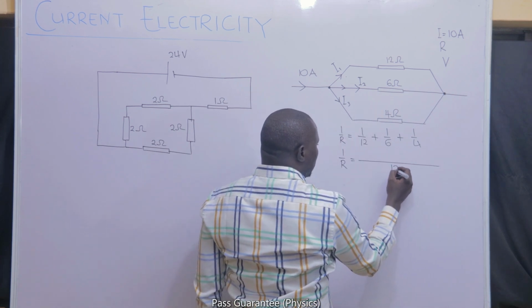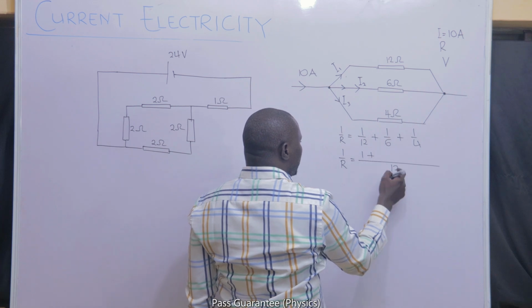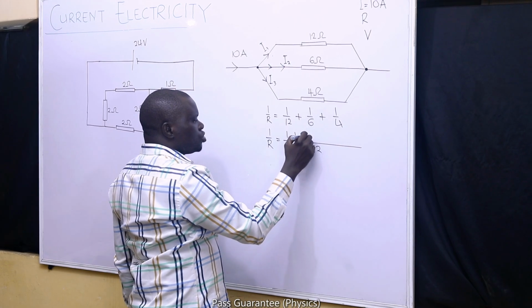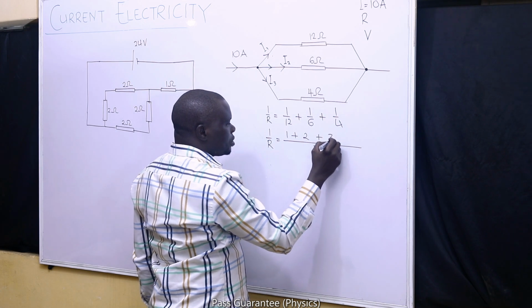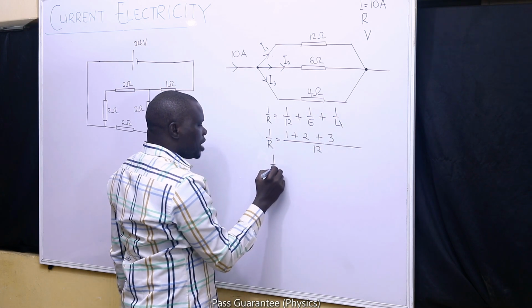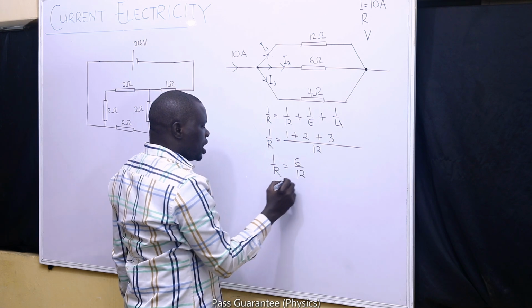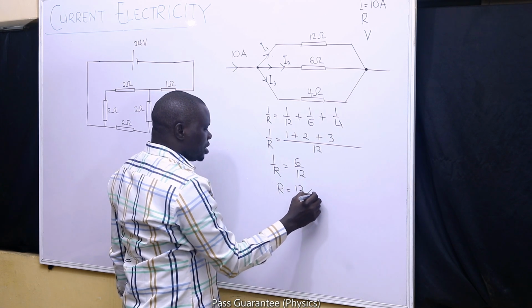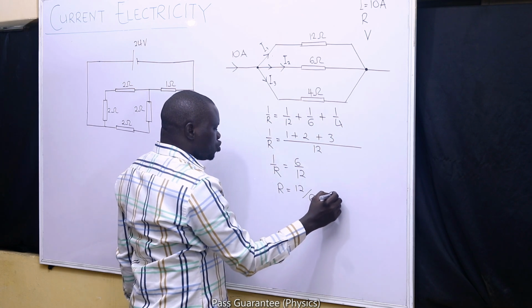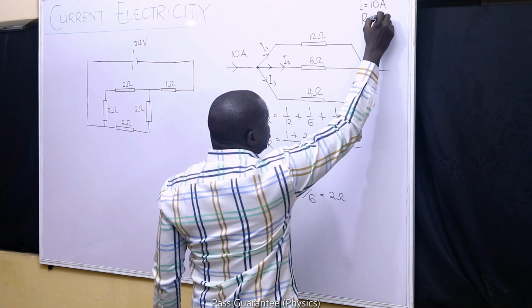That is 12. 12 divided by 12 is 1 times 1 is 1. 12 divided by 6 times 1 is 2. 12 divided by 4 times 1 is 3. So I should have 1 all over R is equal to 6 all over 12. I should have R being 12 all over 6, which is 2 ohms. So the total resistance for this circuit is 2 ohms.